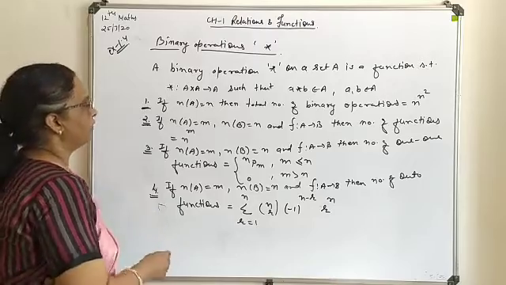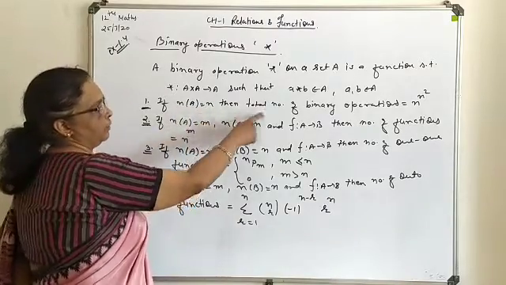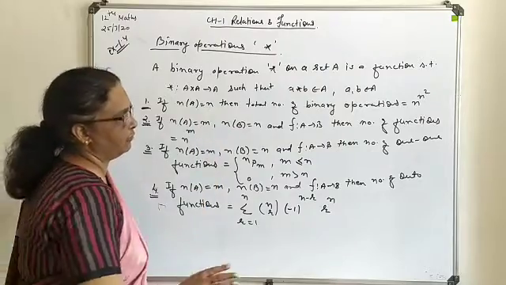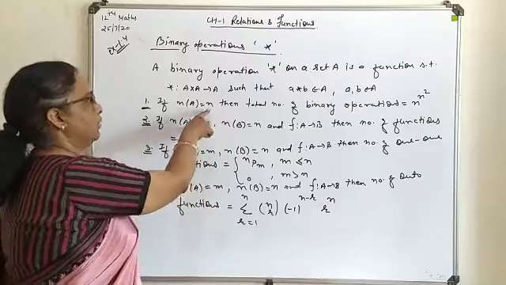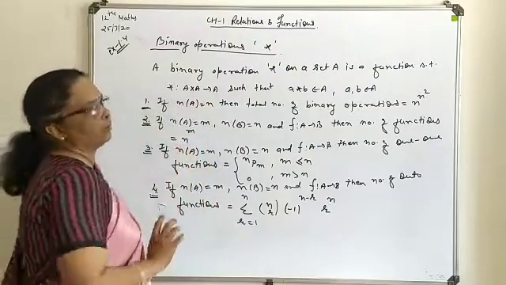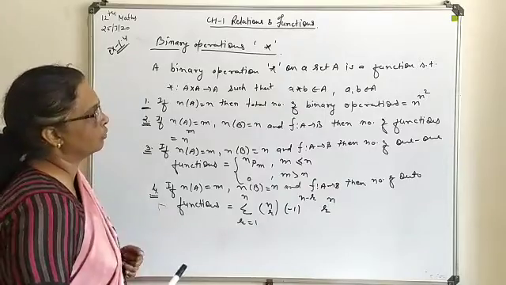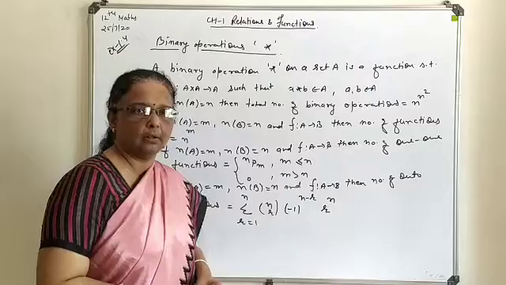First, if the number of elements in a set is n, then the total number of binary operations we can define is n square. So only n is available to you as the number of elements of the set on which you are going to define your binary operation, and you can calculate the total number of binary operations using this formula.